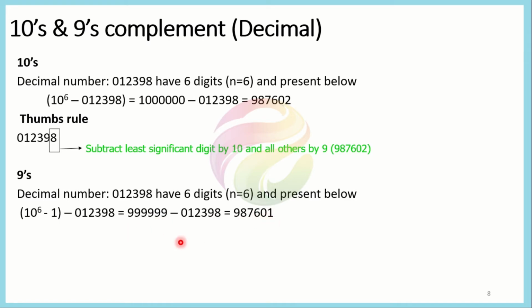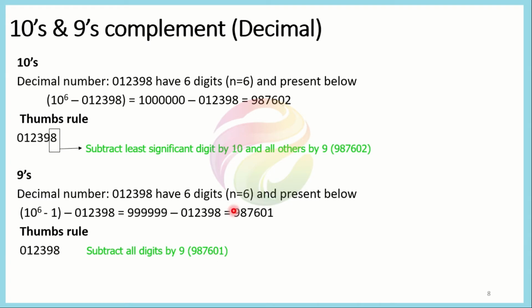Again, there is a thumb rule for easily calculating this nines complement, which is that if we just subtract all of these digits from 9: 9 minus 8 will give us 1, then 9 minus 9 will give us 0, then 9 minus 3 will result in 6. So if we subtract all the separate digits from 9, we will get the nines complement.